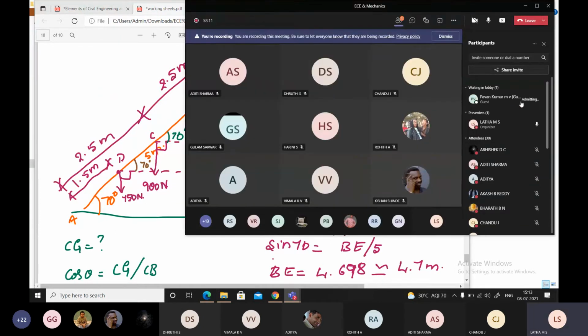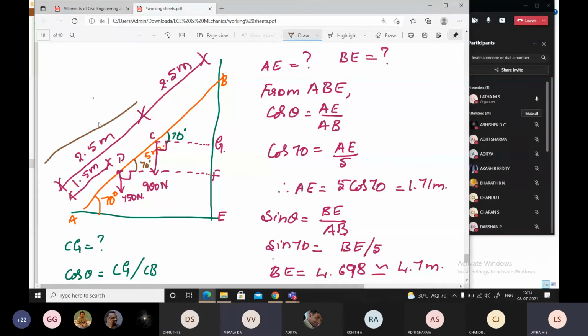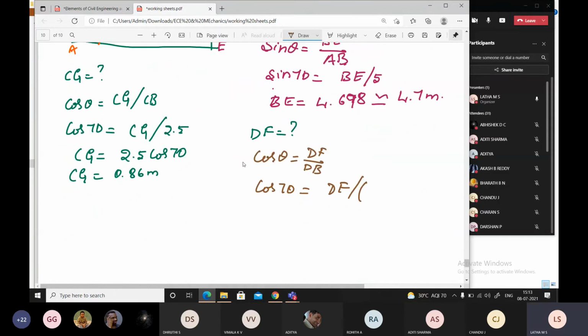What is DB, students? 3.5, ma'am. Yes, this is total 5 meters. You can minus 5 meters minus 1.5. Write as you write here. Yes, 5 minus 1.5 meters.